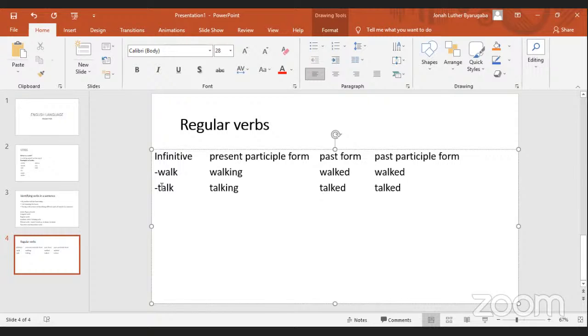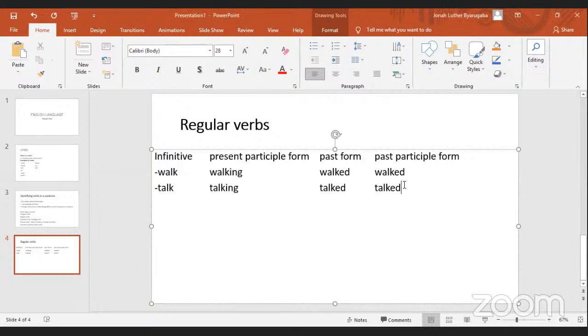So therefore, talk is a regular verb. Good. I am happy. Any other verb that you know that is regular? There are very many. There are hundreds and thousands of verbs that are regular.